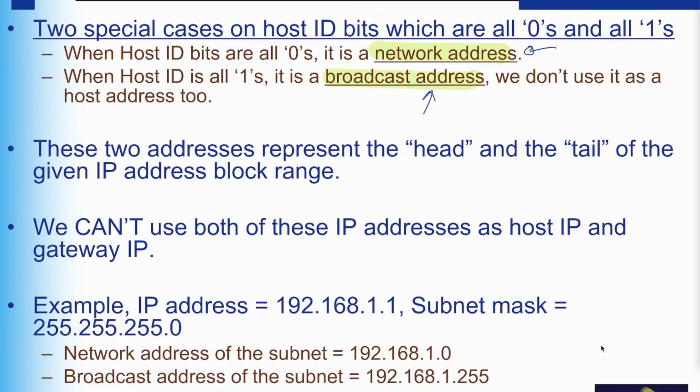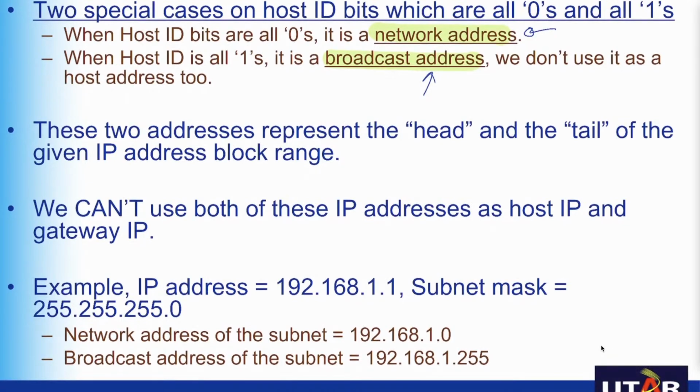Again, let's say I'm in a lab with 20 students. I want to send the lab manual to everyone here. I will send it to the broadcast address, then everyone can get the same data. Now in every network you have this broadcast address. In a while you'll see how we get this number.